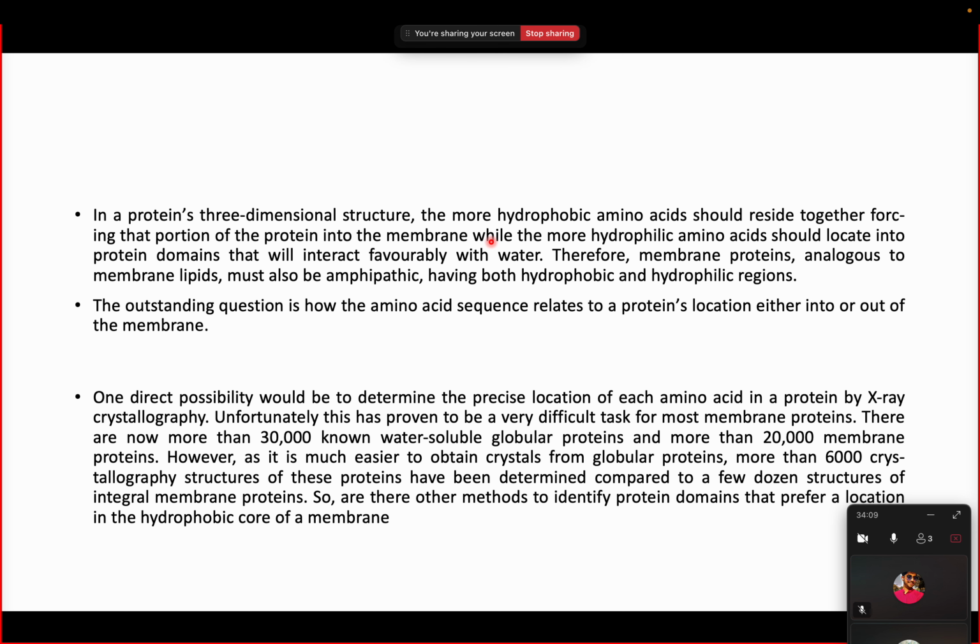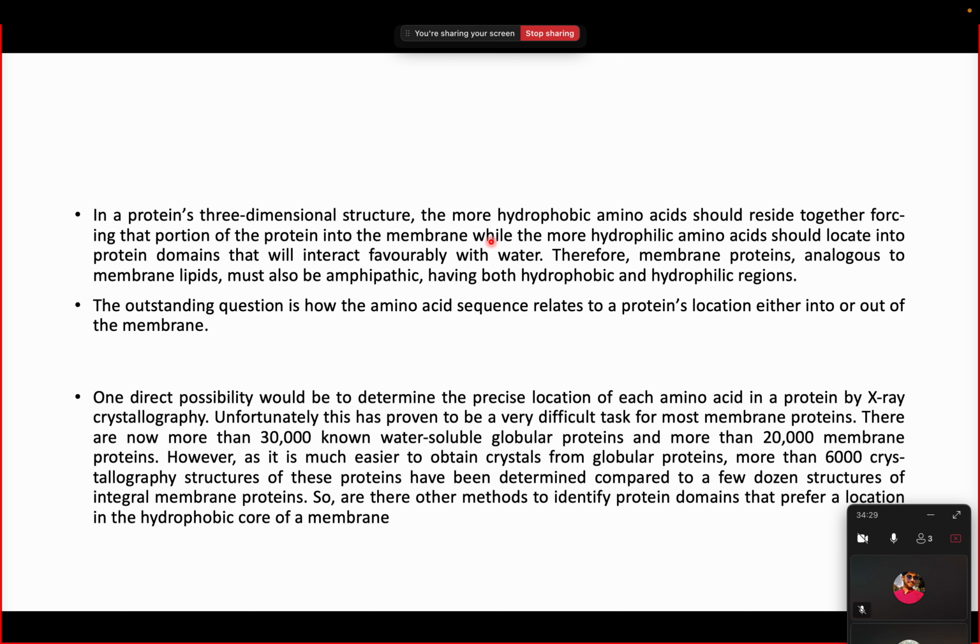So the outside surface is in contact with the water. Hence, the amino acids present on the surface of this sphere will be those residues which are hydrophilic in nature, because they want to stay in water, they want to be connected with the water, right?